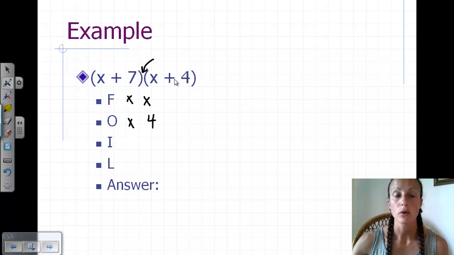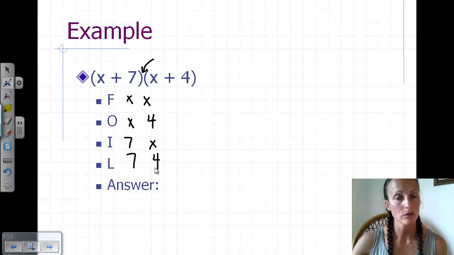Out of these four terms, which are the two inside ones? Good job, 7 and this x. They're inside the other two. What did the L stand for again? Good job, the L stands for last. So out of these two terms, which one is last? The 7. Out of these two monomials, which one is last? Good job, 4.